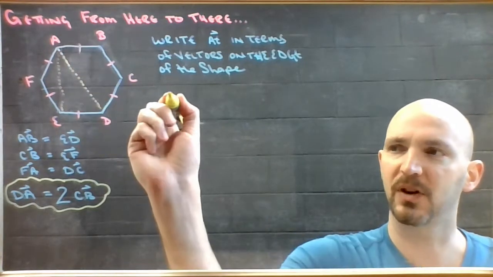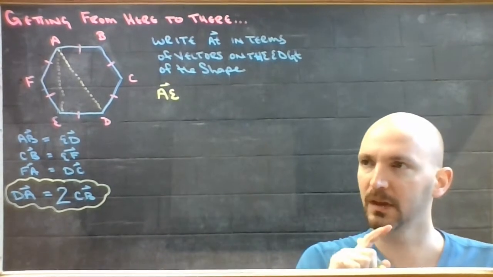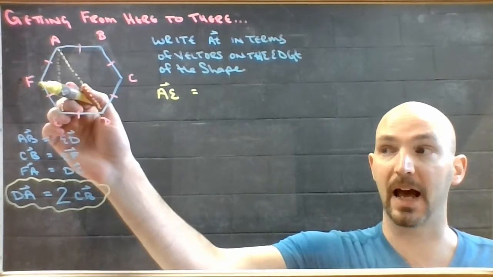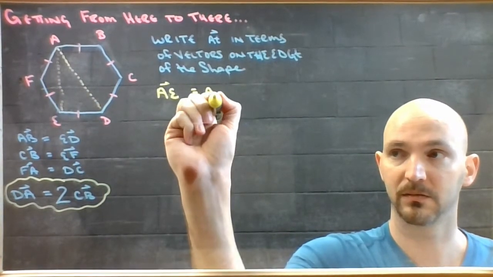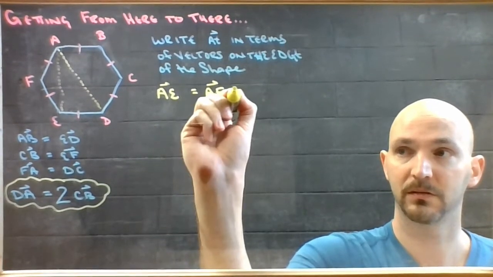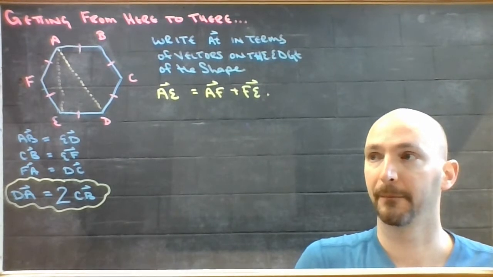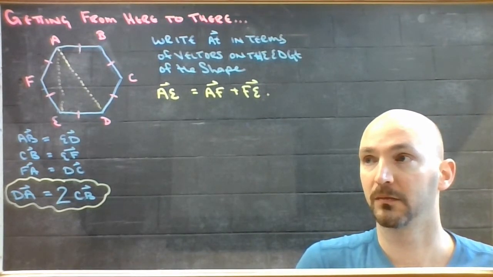So if I'm trying to get from A to E, well, I could do that by going from A to F and then F to E. Well, and then you're done. So that was pretty easy.